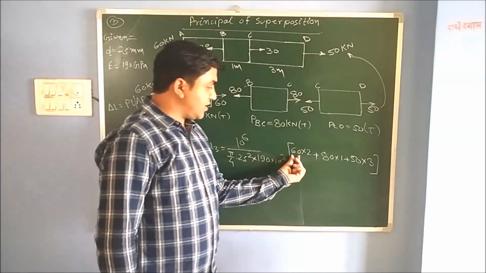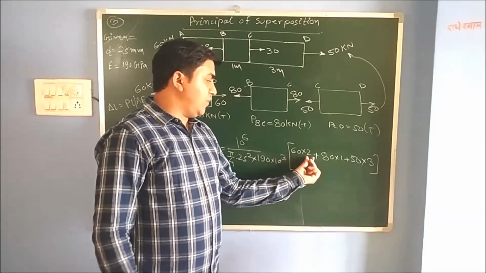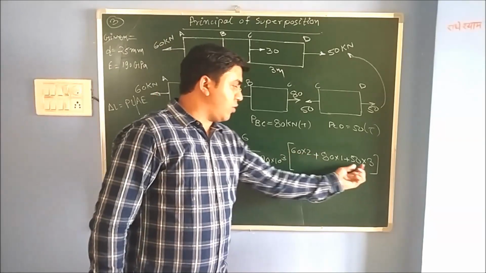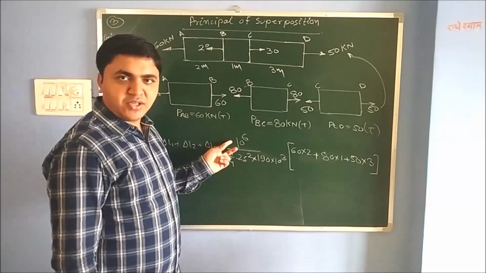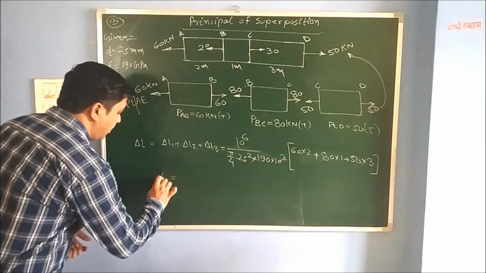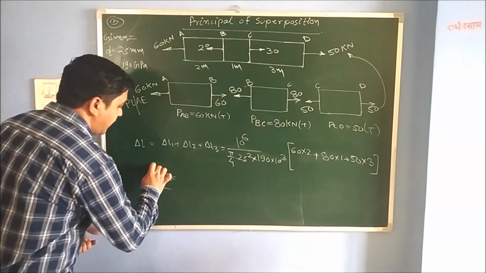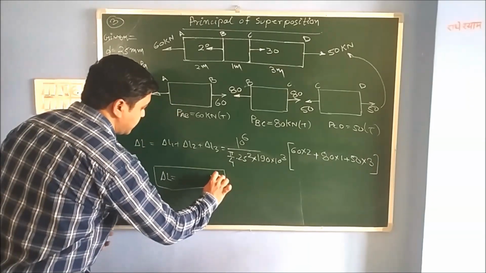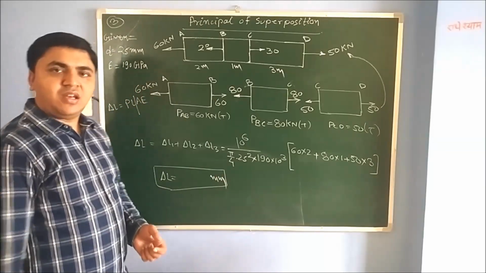So remember, here 60 was in kilonewton and meter is 10 raised to 3. 10 raised to 3, 10 raised to 3 I have taken common from all, and here I have 10 raised to 6. Okay, so if you solve the entire value, you will get the value of delta L, and that value of delta L must be in mm only because you have taken all the length in mm.